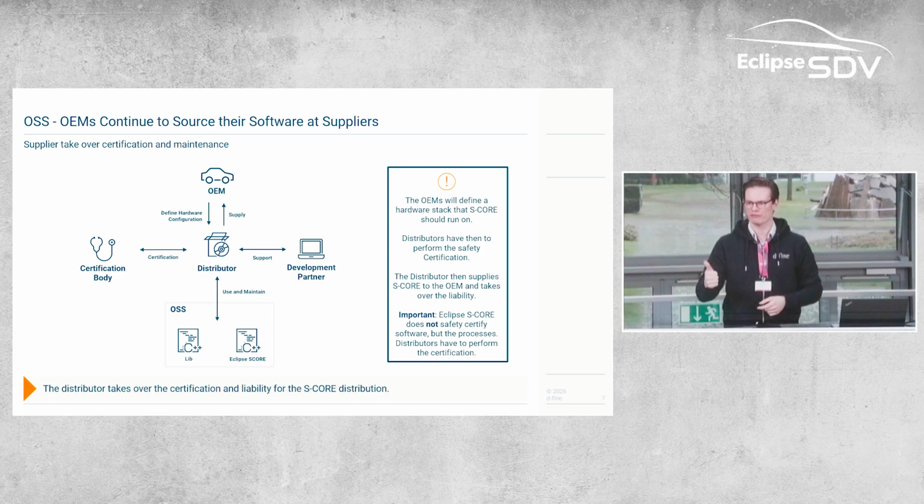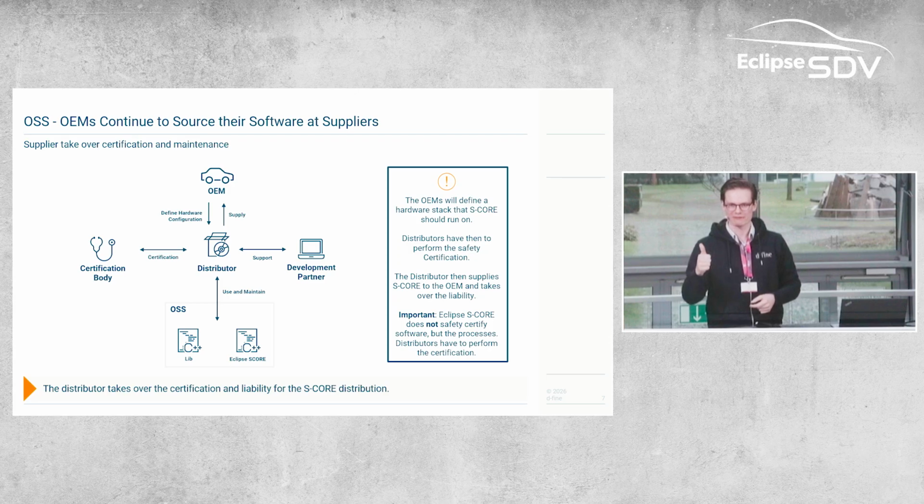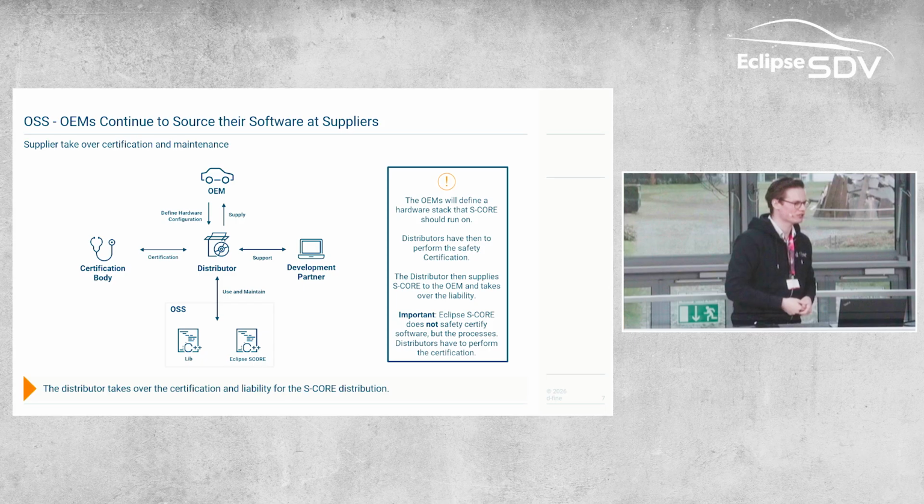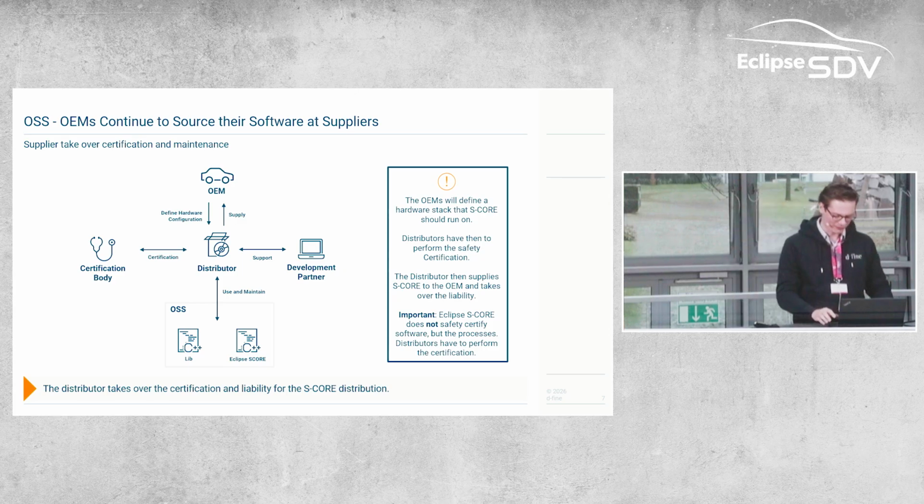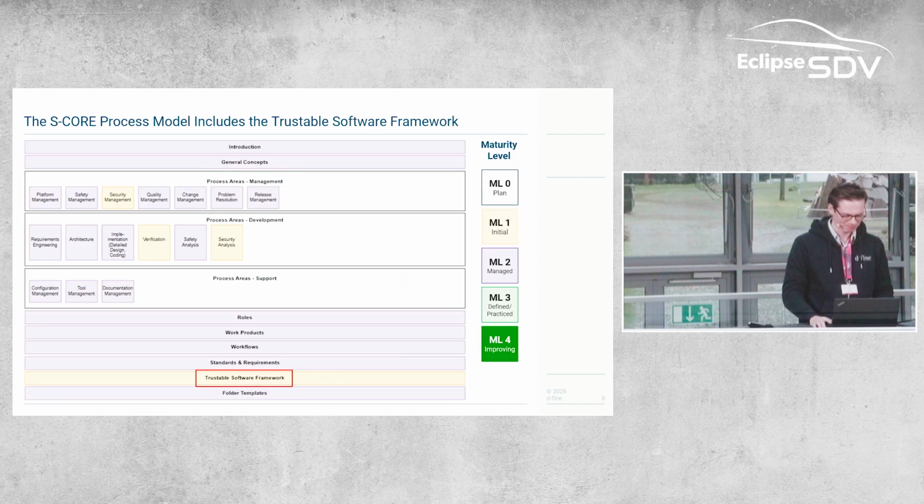So the OEM defines what is my defined hardware stack that I want to run the software on, is giving that specification to the distributor, so a supplier, and the distributor then takes over the certification and is the liable instance for the OEM, and therefore also earning some money.